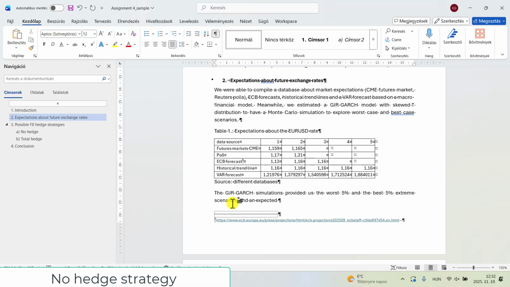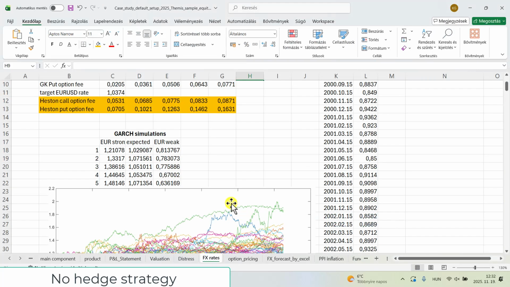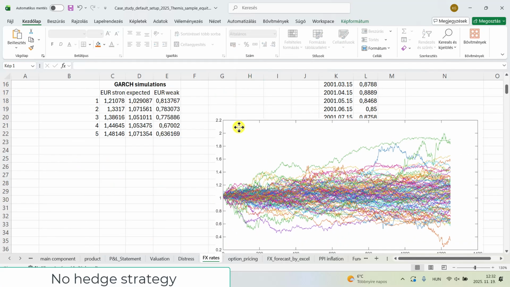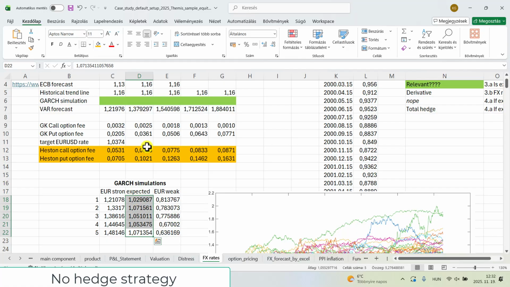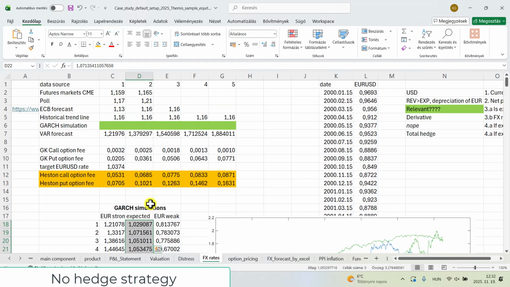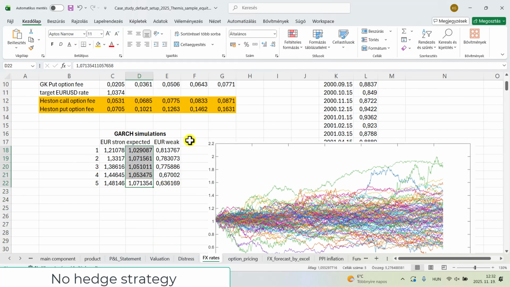What is this curve? Not curve, but trajectory, yeah. Since they somewhat fit, so that at least the expected value is around, well, yeah, close to what the market expects.